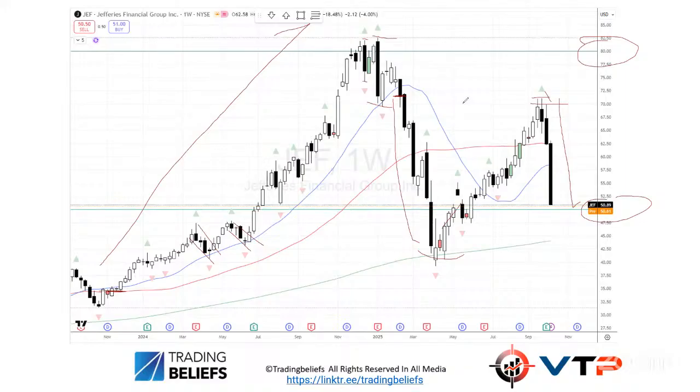50 is clearly, I think, a line in the sand. And what you're looking at is, will there be contagion? Will there be a run on this stock? Will risk sentiment, especially with what's going on in financials, earnings this week, and the events of Friday, be enough to pump, or dump rather, Jefferies through 50 and beyond?